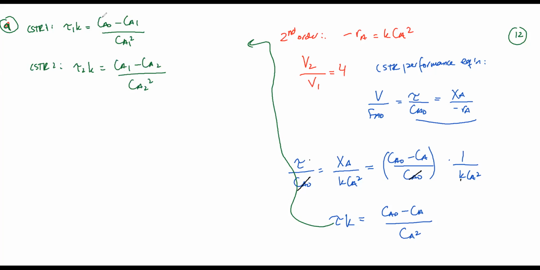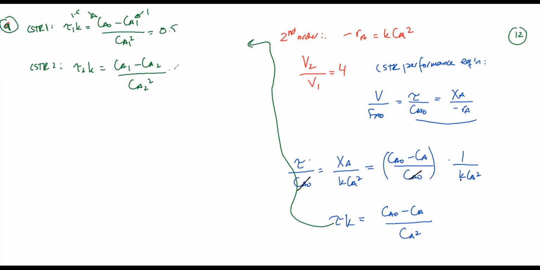And if you recall, CA naught was 1.5 and CA1 was 1, right? So I get 1.5 minus 1 divided by 1 squared. So this is what? It's 0.5, right?